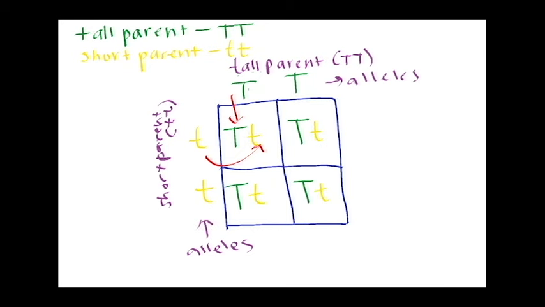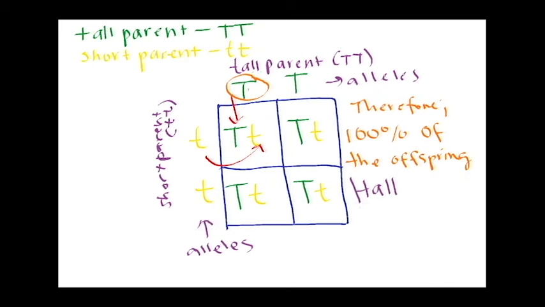Therefore, as we discussed before, even if you have one capital T, or as we say dominant, even if you have one dominant in your genotype of the final offspring, it will definitely take over and be tall. So, therefore, 100% of the offspring will be tall.